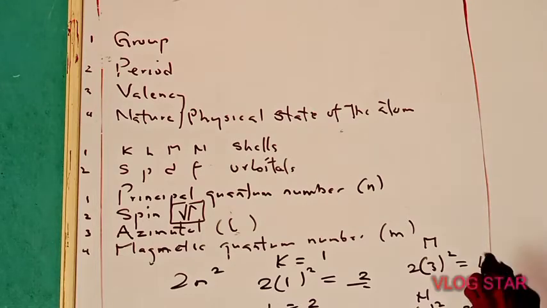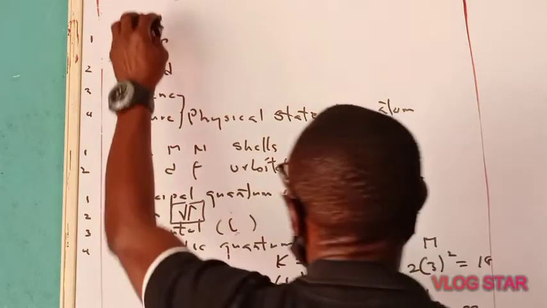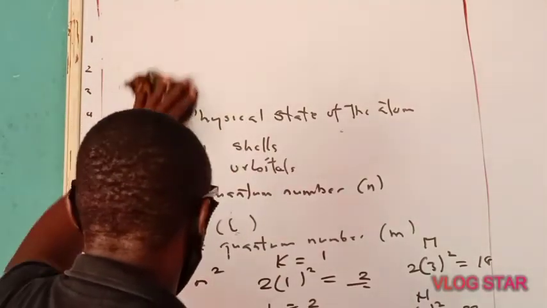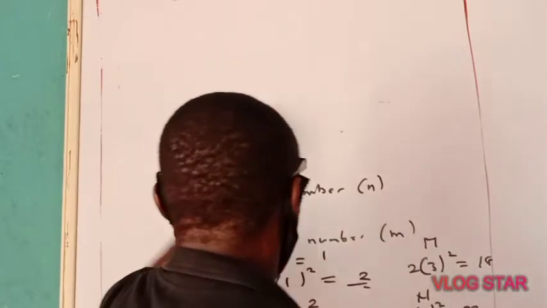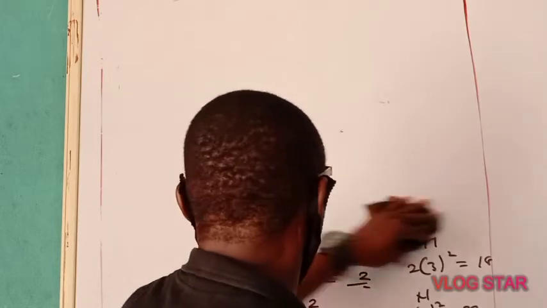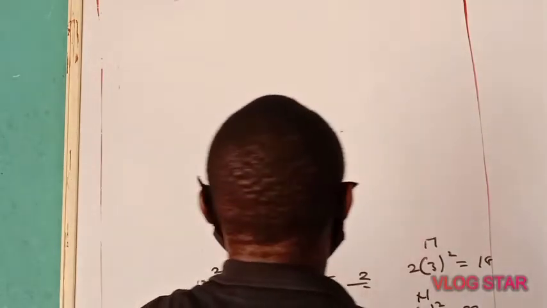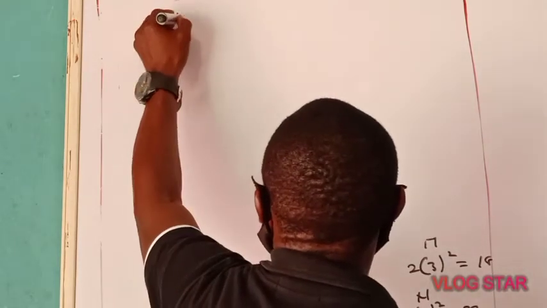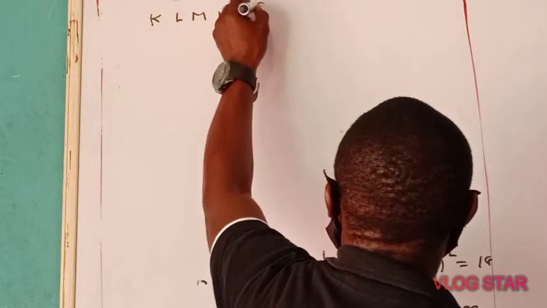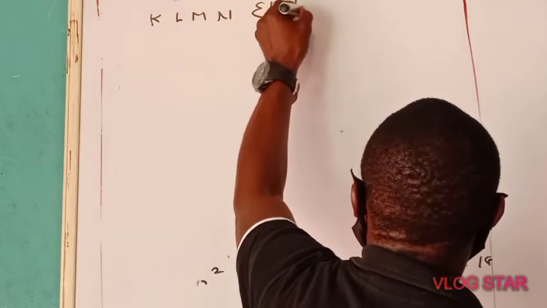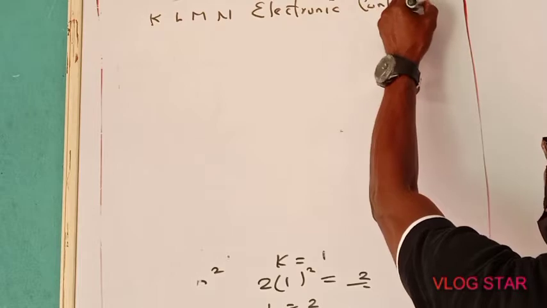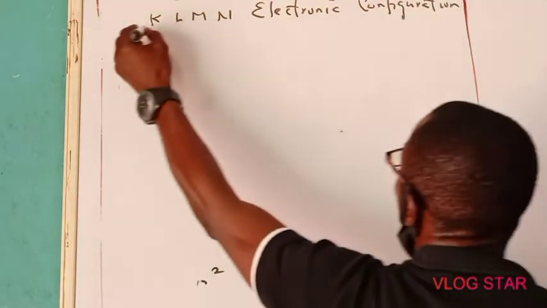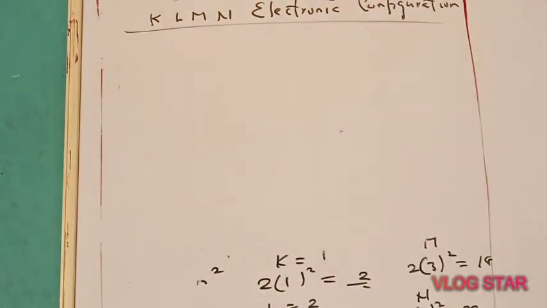So let's quickly look at this. We are looking at the KLMN electronic configuration. So what I will do is this.